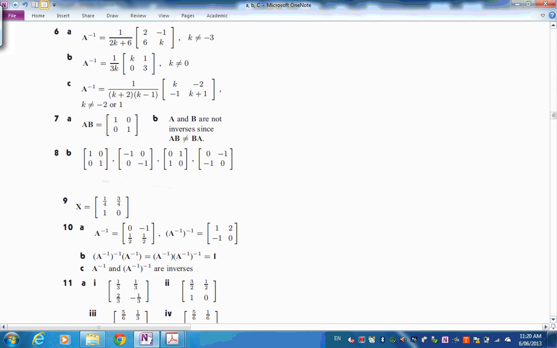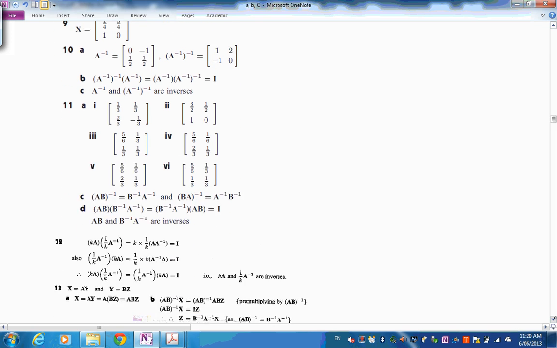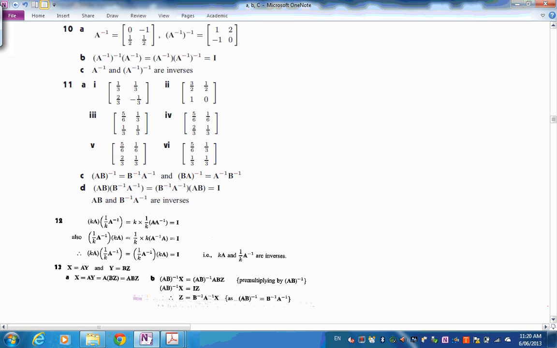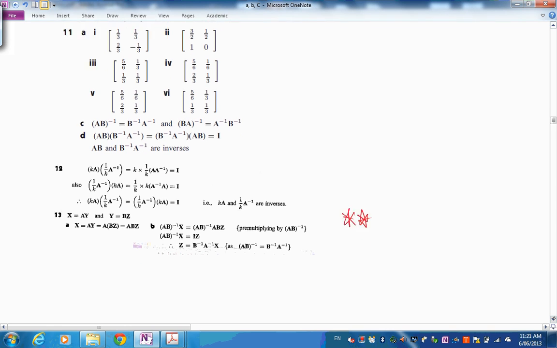There are some solutions for you. Just check those carefully. It's an important area now. And through to 13. So you might just check here. This is going to be important as we go on. The idea of rearranging equations, pre and post multiplying. Okay, so check your work. Let's go on.